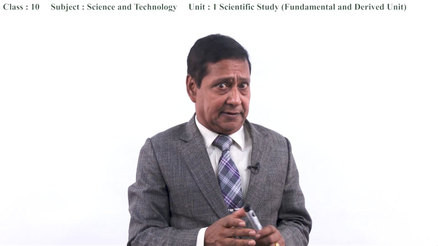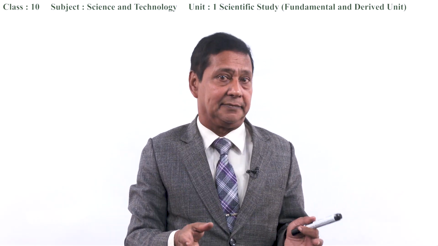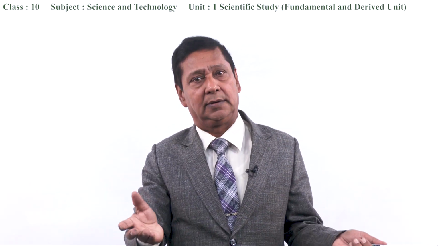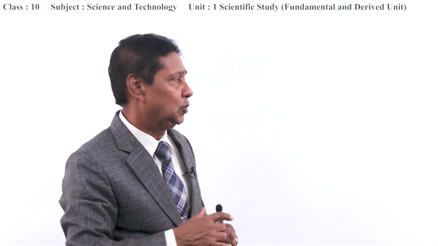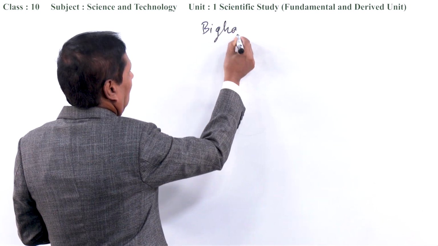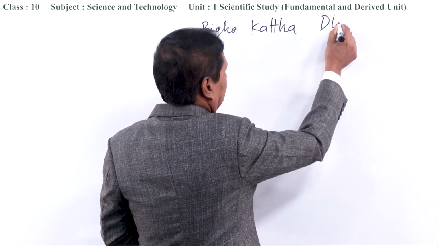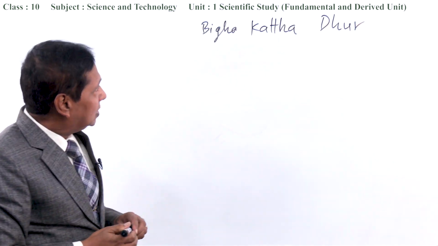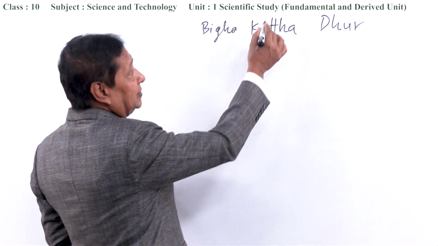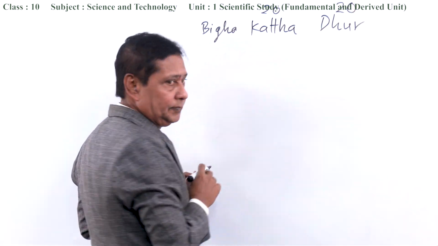In the Tarai region, the area of a field is measured in bigha, kattha and dhur. Do you know that 1 bigha is divided into 20 kattha and each kattha is divided into 20 dhur?